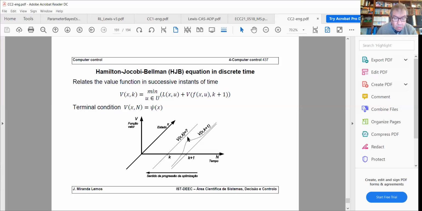What should you know concerning the computer control course and the exam?